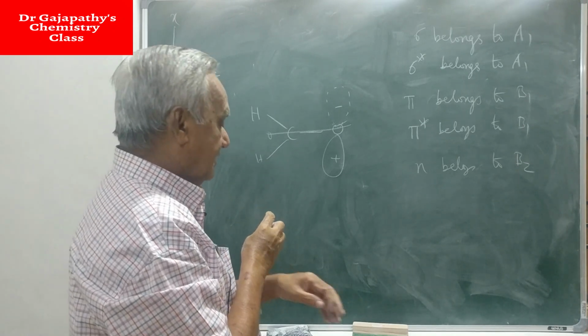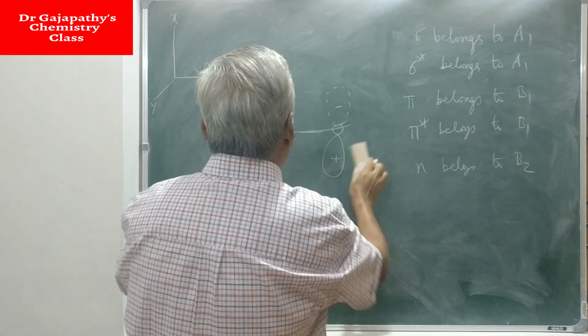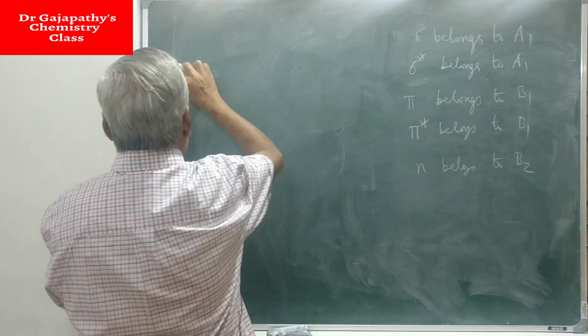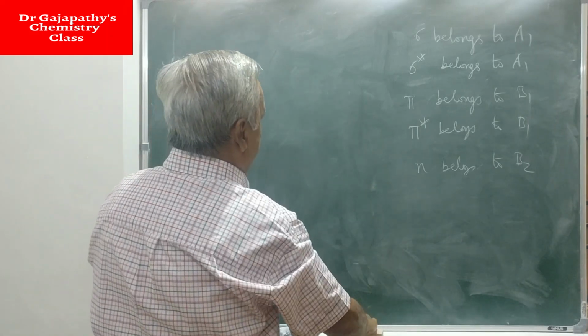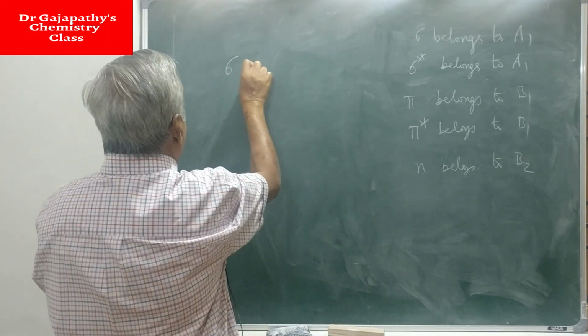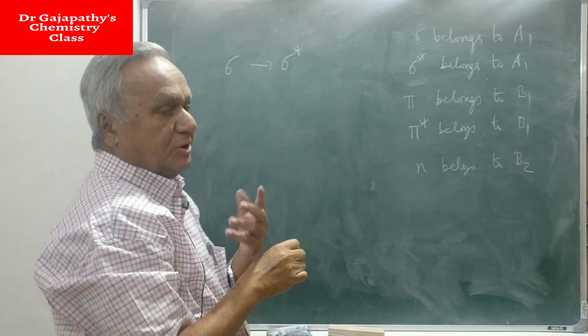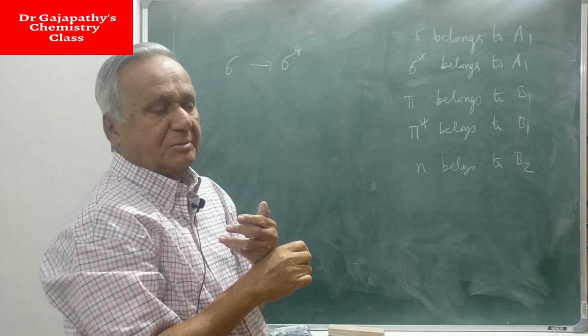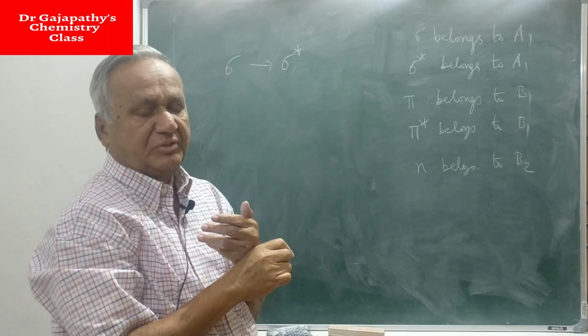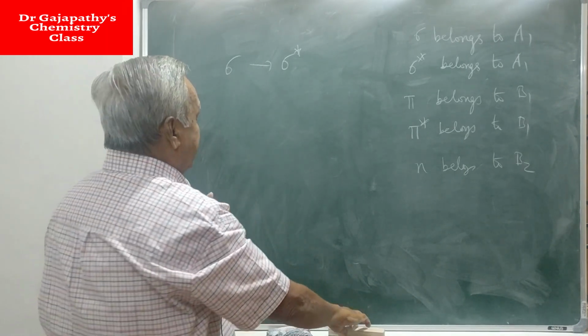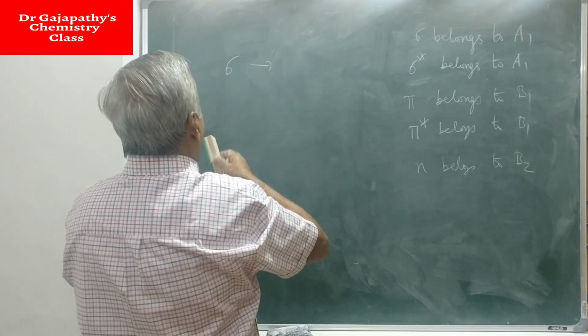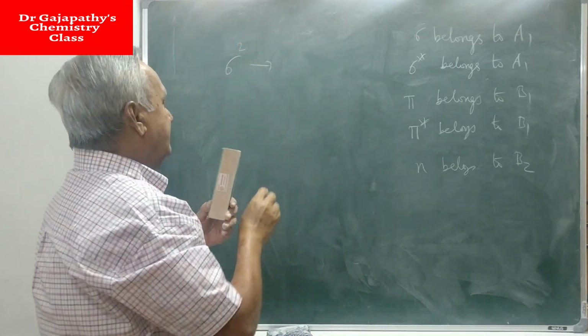I said that. Suppose I talk about a sigma to sigma star transition. I told you what is the symmetry of the ground state and what is the symmetry of the excited state. Ground state is both the electrons are in the sigma orbital.